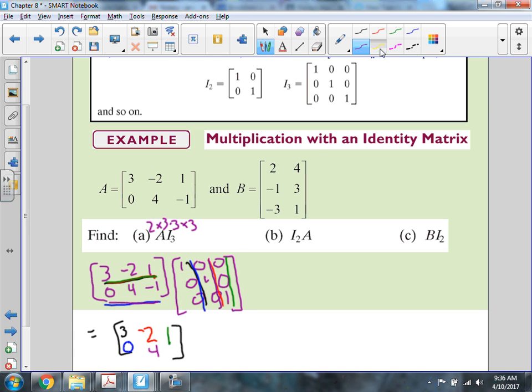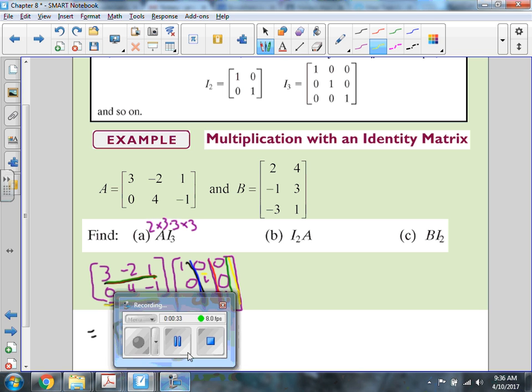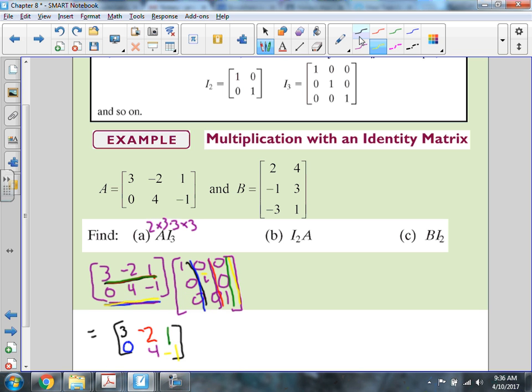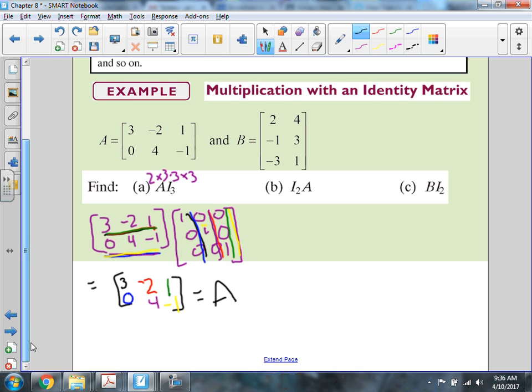And then lastly, that last row times the last column, 0 times 0, 4 times 0, negative 1 times 1 is negative 1. And we can see then that this equals A. Yay, that equals A. So you can see that multiplying by the identity matrix, which is given right here, I3, I have preserved my original matrix, matrix A.